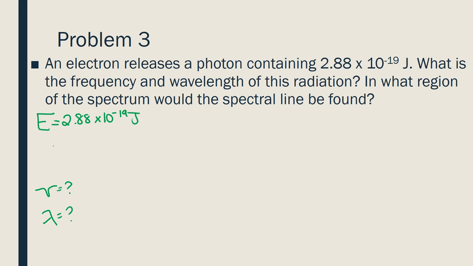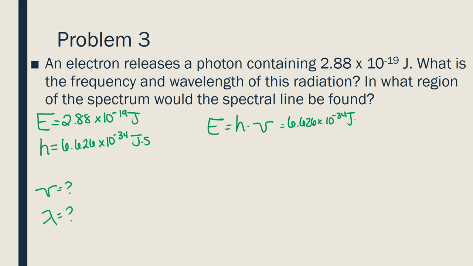So the idea is we can connect our energy equation to frequency. That means the only other thing I need to solve this first part is Planck's constant. So all I can do then is substitute in, multiplying it by the provided... let's see here.